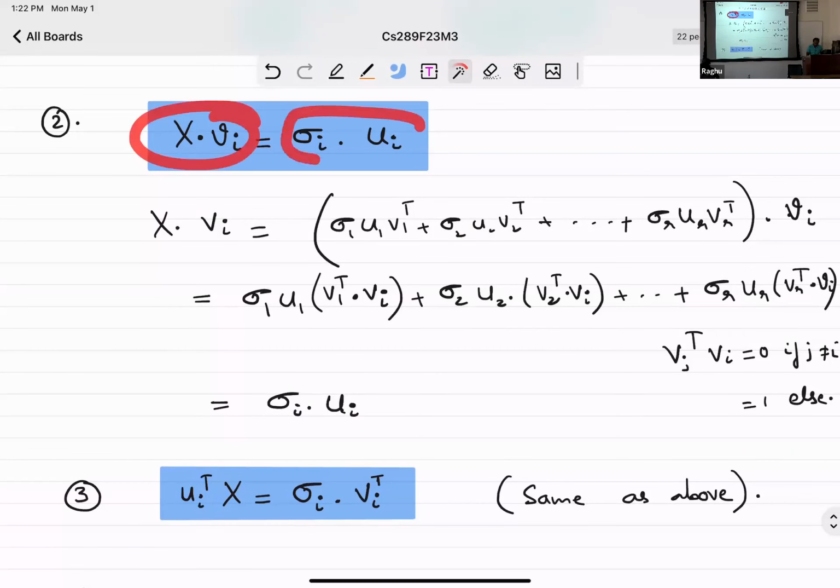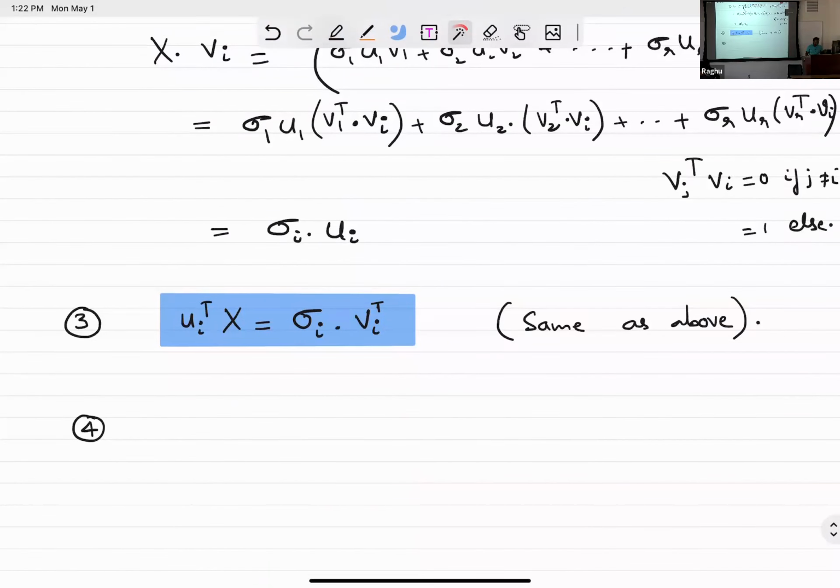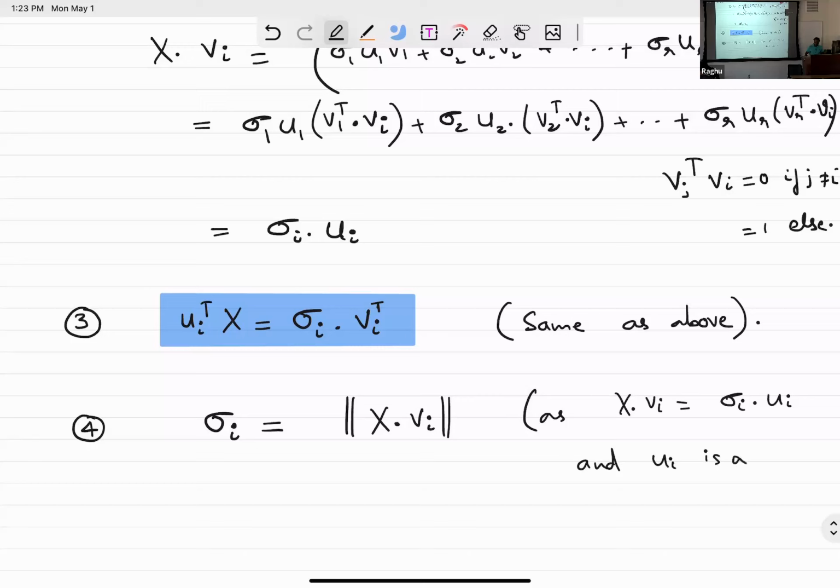We know the Ui's are orthonormal vectors, in particular each one has norm 1. So sigma i is actually just the norm of X times Vi. So if I know Vi, I just have to multiply it into the matrix X, look at the length of the vector, and it will tell me what little sigma i is. Okay. So X times Vi equals sigma i times Ui, and Ui is a unit vector.